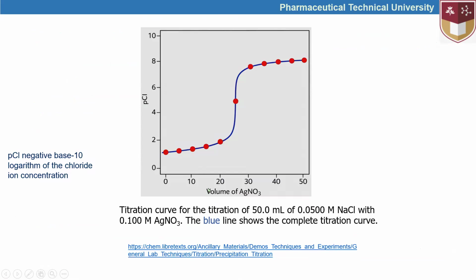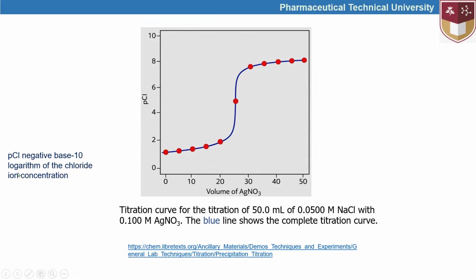And here we can see the concentration changes of chloride ions. So we can add some concentration of argentum nitrate, silver nitrate. As we reach some concentration, this is about the concentration, it's not pH value.